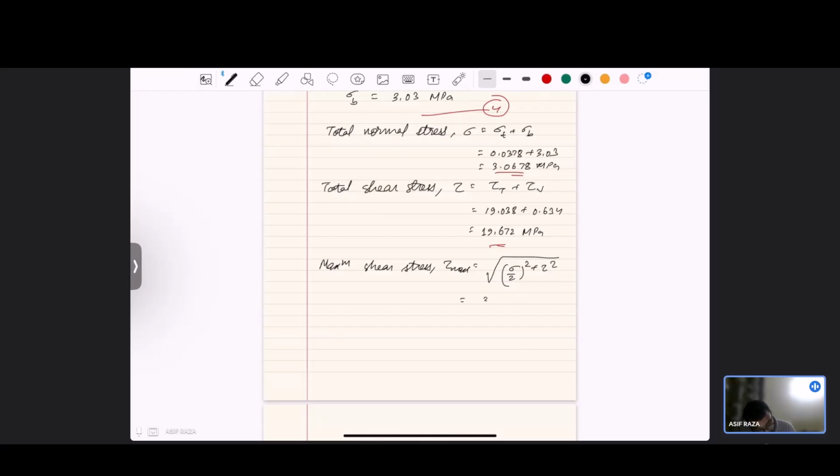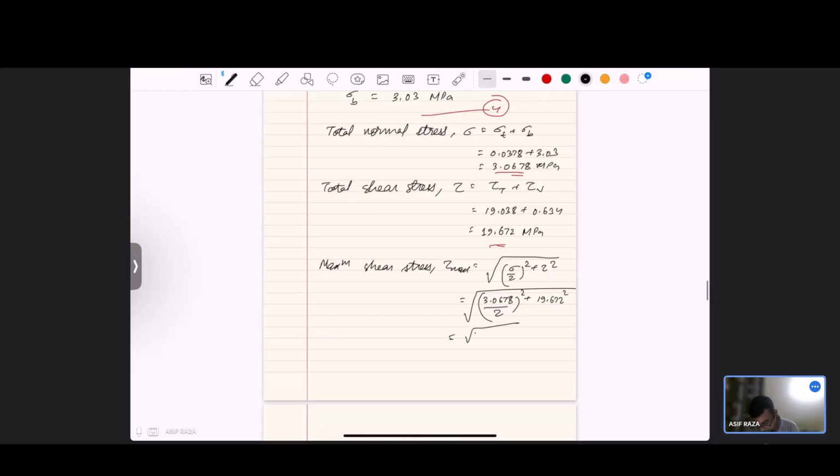So this is 3.0678 by 2 whole square plus 19.672 square, under the root.